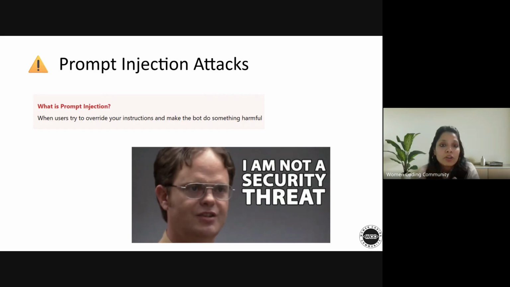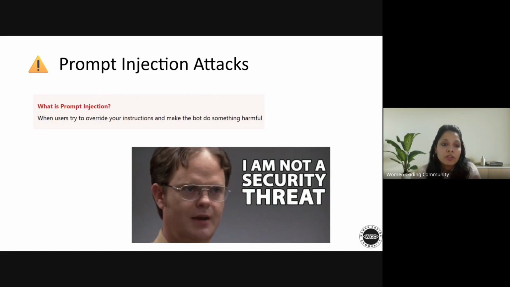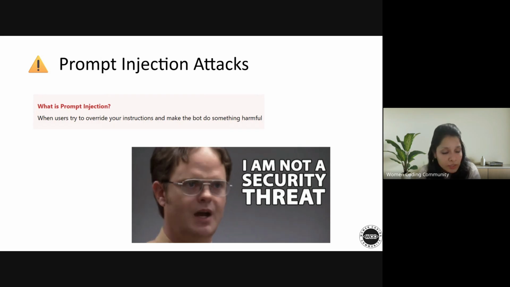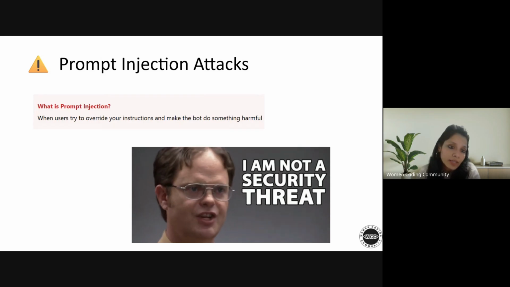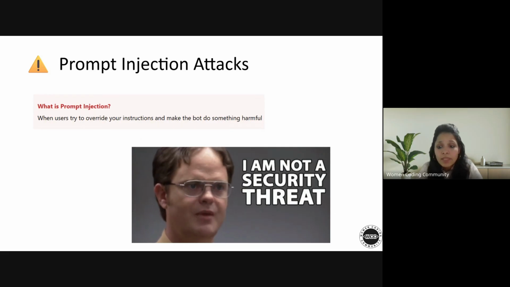So those kinds of, I would say, not very helpful use cases, or people trying to use the application in not the right way, and there can be tons of different ways, and hacking attacks and stuff like that can happen through prompt injections.